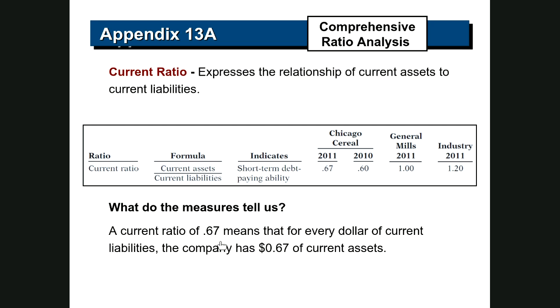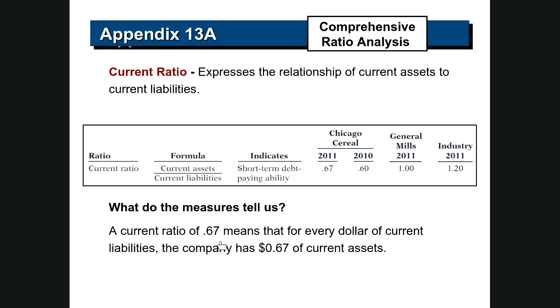Even after they pay all their current liabilities, they will have 20% of the current assets left. So both of these companies are worse than the average in the industry. You follow? So this is what this number is telling us.